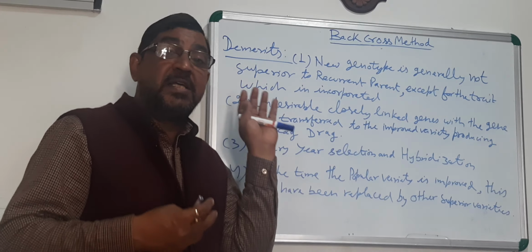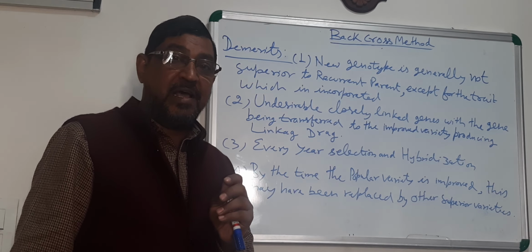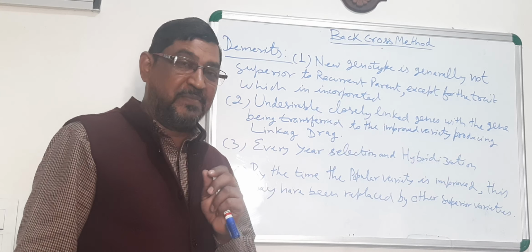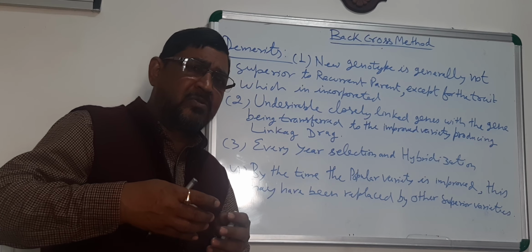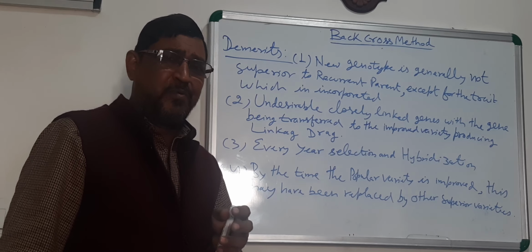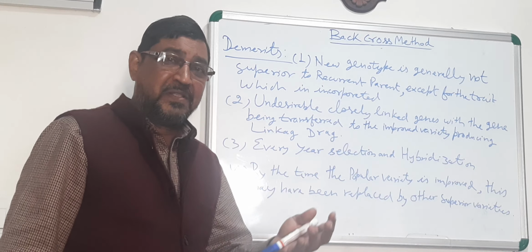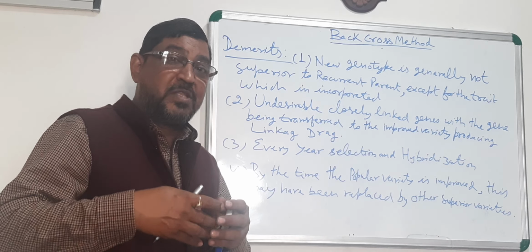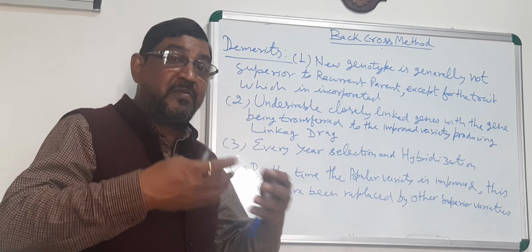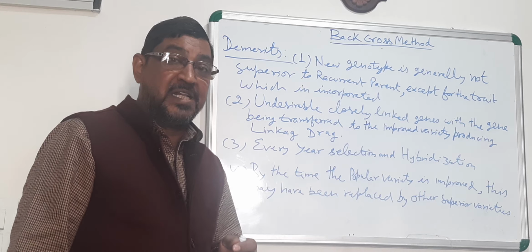You see how many years have been taken in this breeding method. Say, for example, you are taking 12 years, 13 years in improving and giving the improved version of a particular variety, and you know that breeding is a continuous process, every year varieties are released.